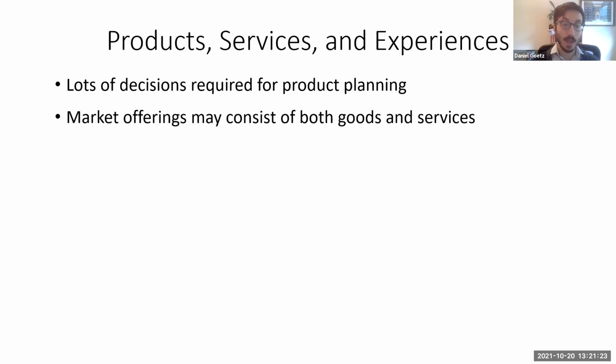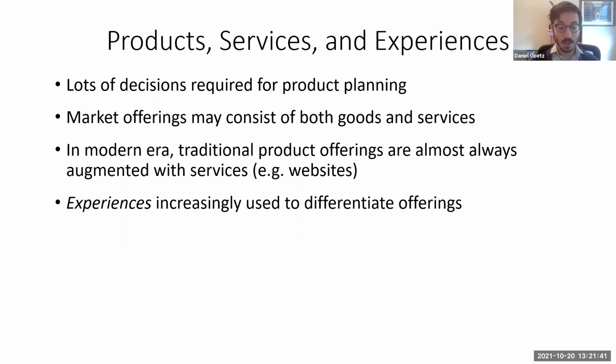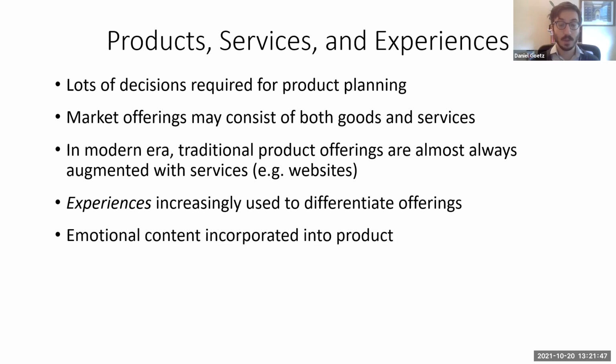A market offering may be a good, it may be a service, but in our modern era, where it's very easy to have an attached website or a robot staffed helpline, traditional product offerings are almost always augmented with some supplementary service, right? The idea behind that is that experiences are increasingly used to differentiate offerings.